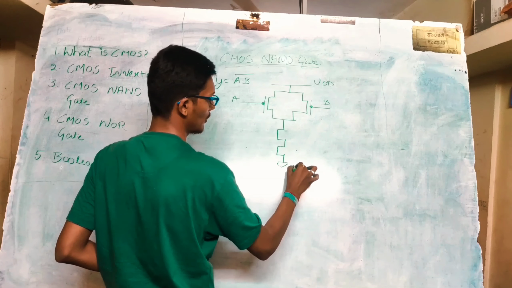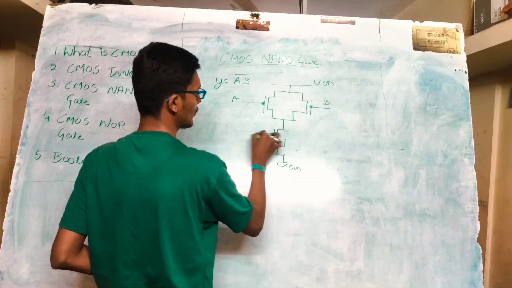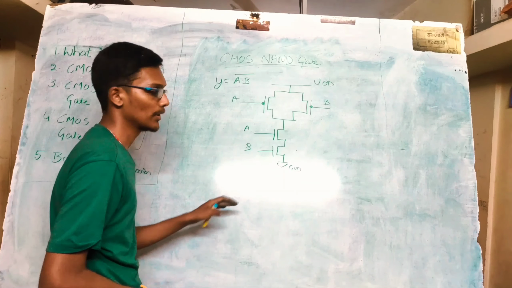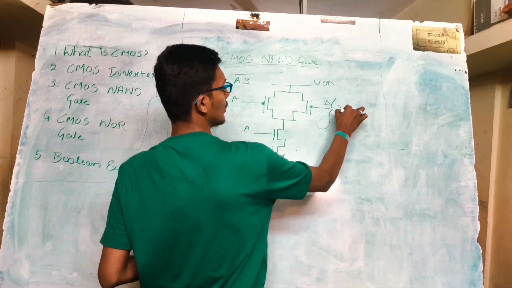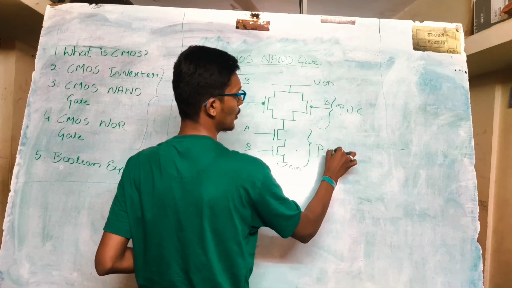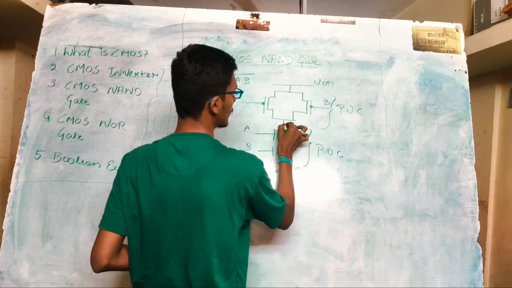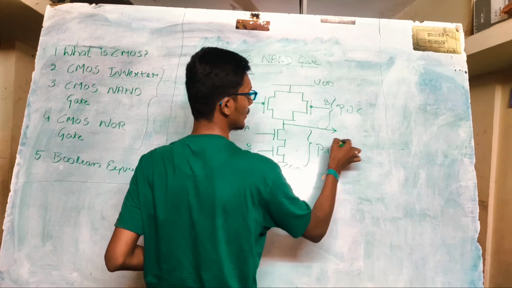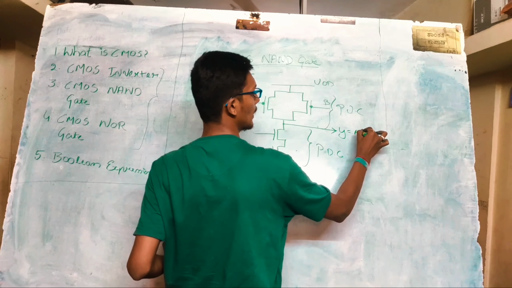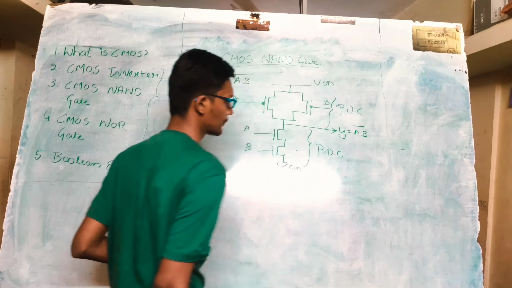This is my ground terminal. Sorry, this is A and this is B. This part is known as the pull-up circuit and this part is known as the pull-down circuit, and from here we will take the output Y is equal to A into B whole bar.